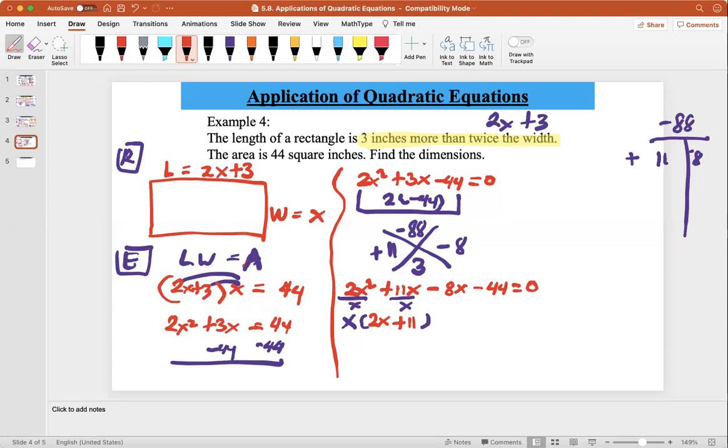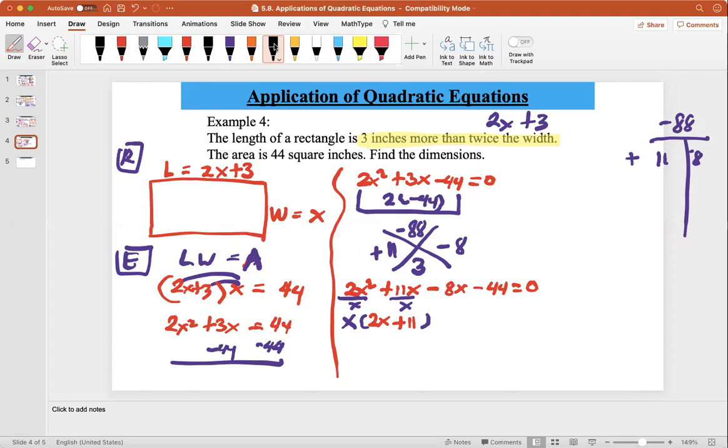Now for negative 8x minus 44, what number divides 8 and 44? We can do prime factorization here, just to make sure we are getting the correct GCF. It's 4. Okay, that's correct.